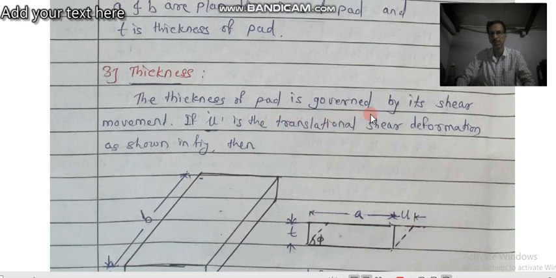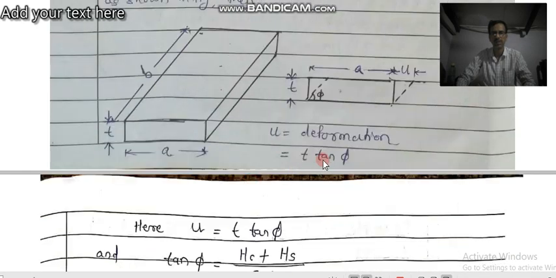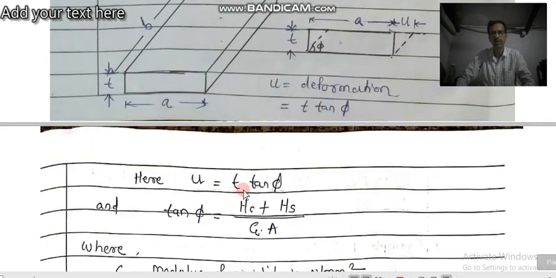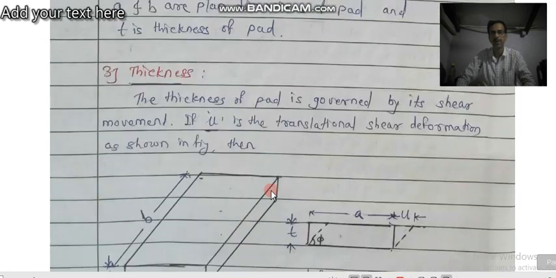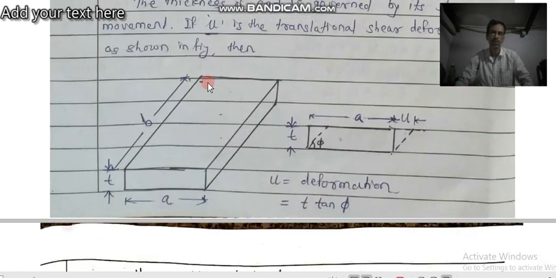The thickness of the pad is governed by its shear movement, and if U is the translational shear deformation as shown in figure, then this U must be equal to T tan φ. So here if you see the bearing pad, this is length B, this is width A, this is thickness T, and this is deformation.